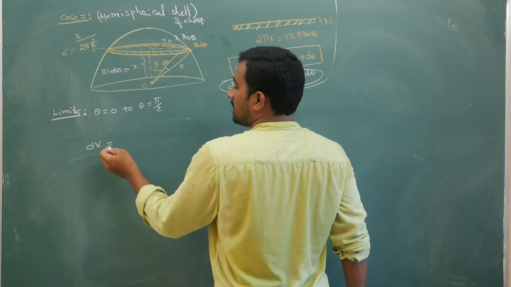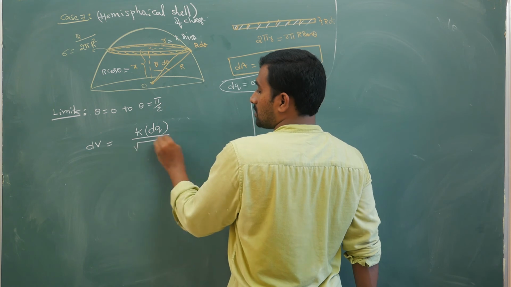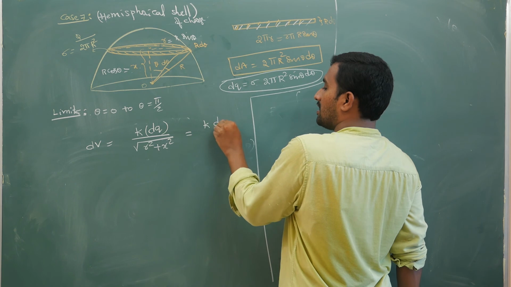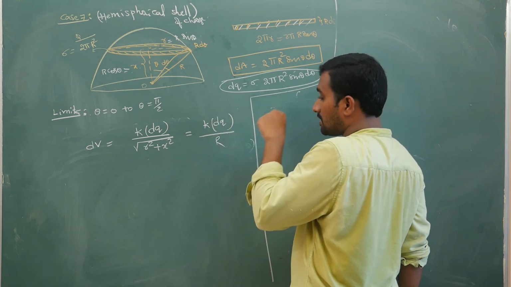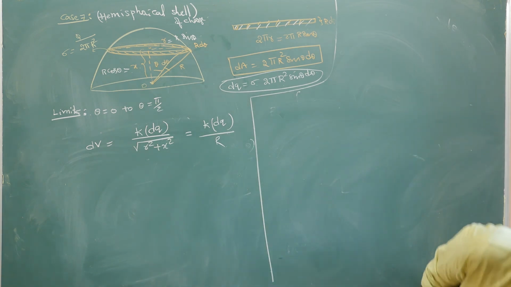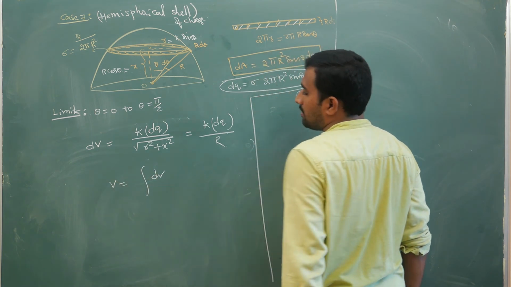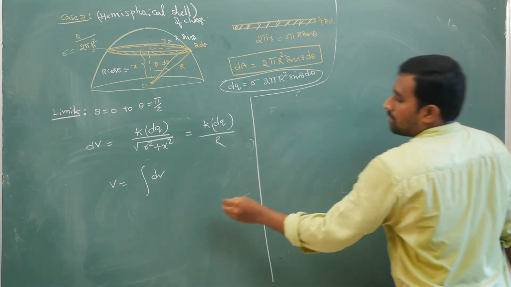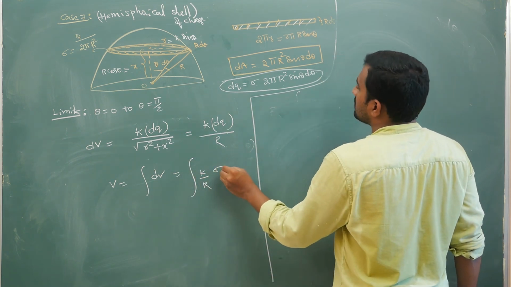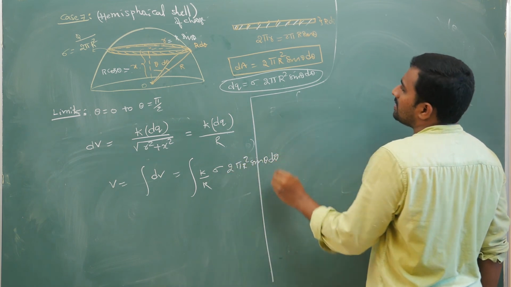Your small potential dV is k times dq by under root small r square plus x square, that is equal to k times dq by capital R. Okay, so because it is capital R, your total potential is integral of dV, so that will give you integral of k by r times dq, which is sigma 2 pi r square sin theta d theta.